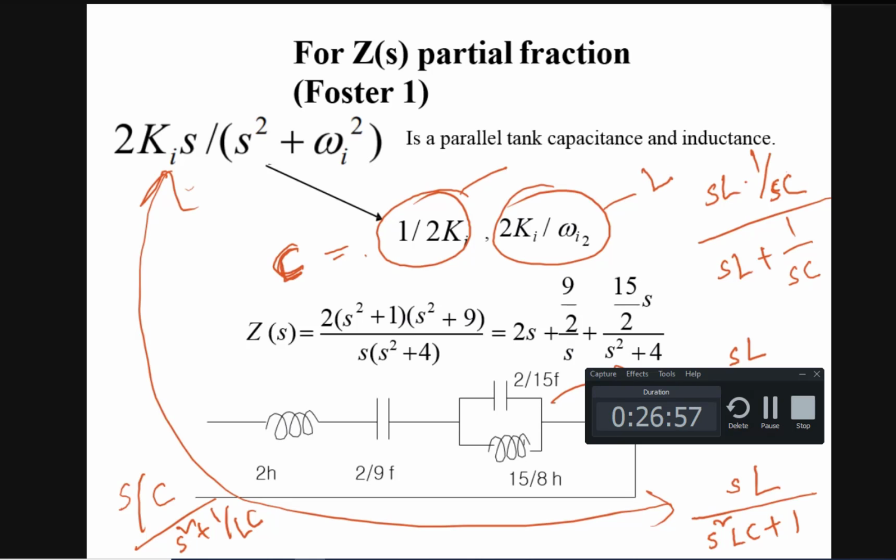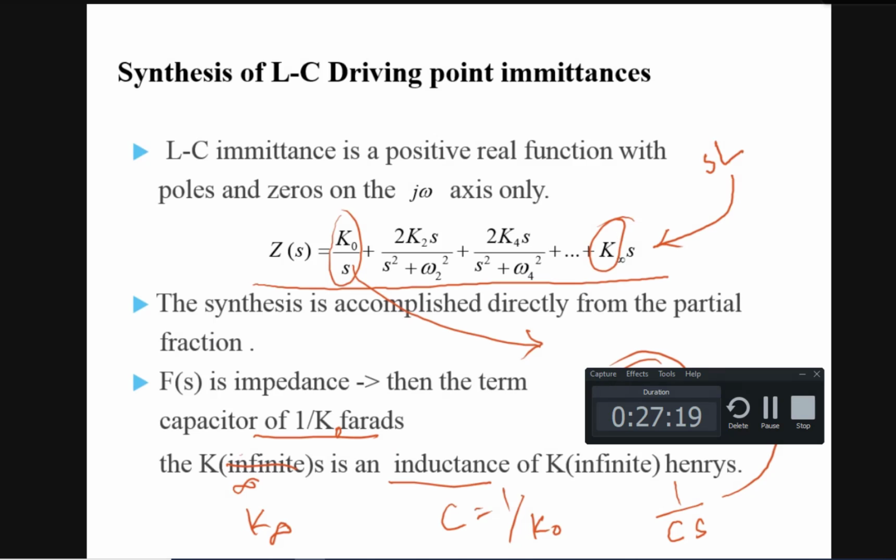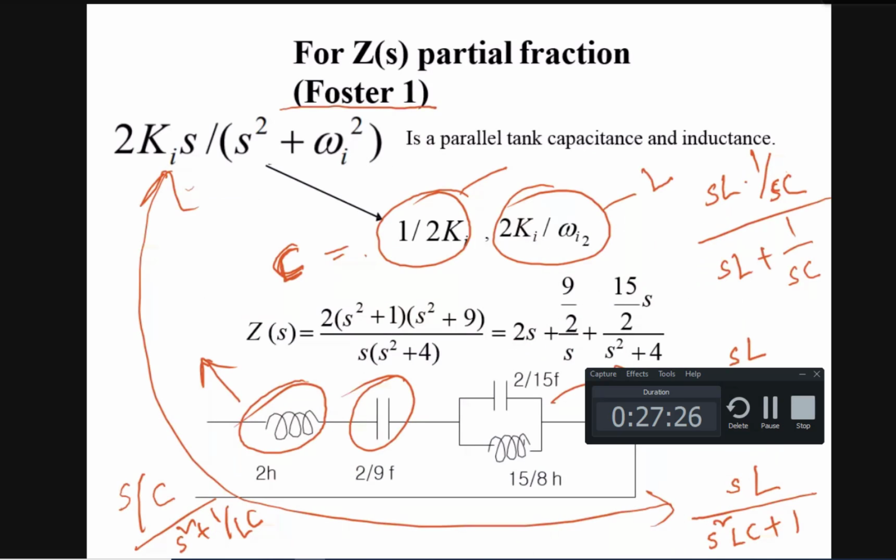This way of synthesizing a network is called Foster-1 type. First we started with a series inductance and then a series capacitance. This is the Z infinity case. So in the last slide, the first term corresponds to this capacitance.